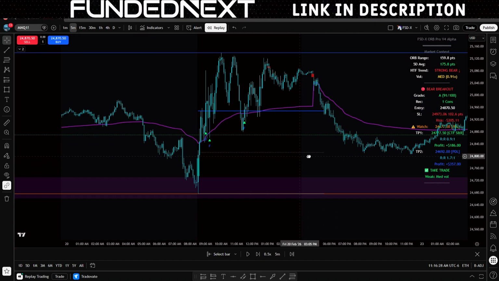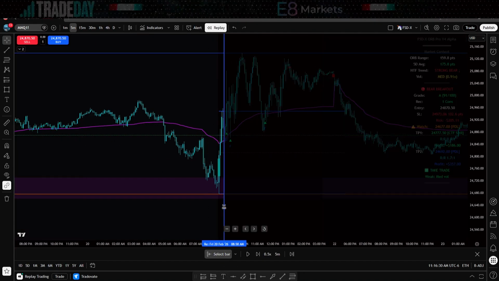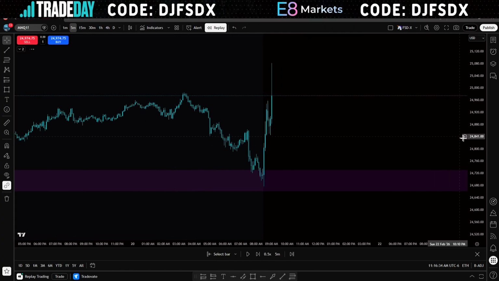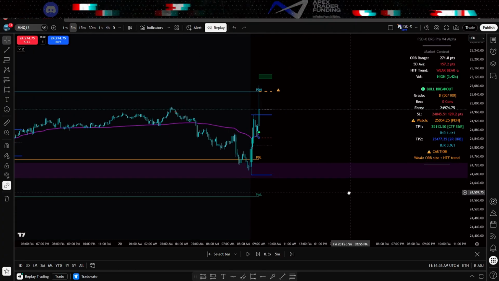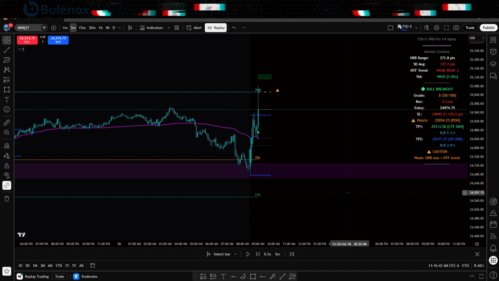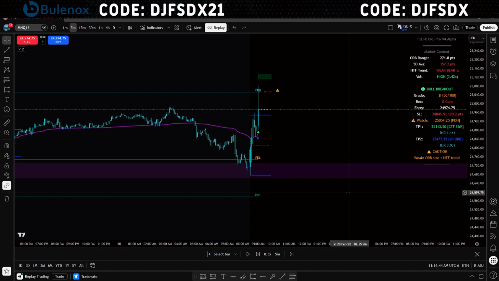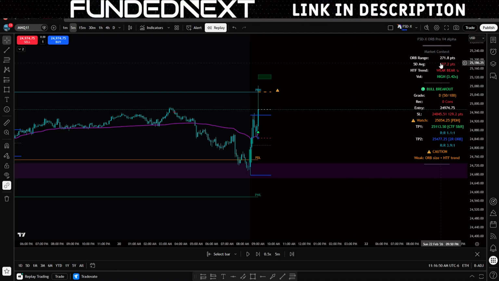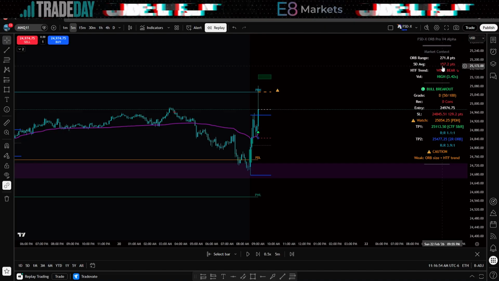So if we look at something like a D setup here, which can work. Just because it's a D doesn't mean it can't work, but they're possibly less likely to run. So if we look at this one, there are a lot of issues. It was a news day, so I am aware of that, but I'll show you for example. We had a huge ORB, so it was not in range at all. It was way off.